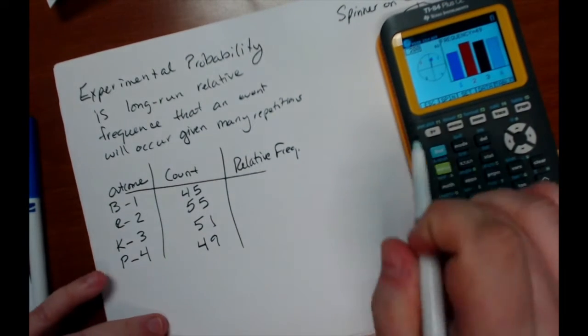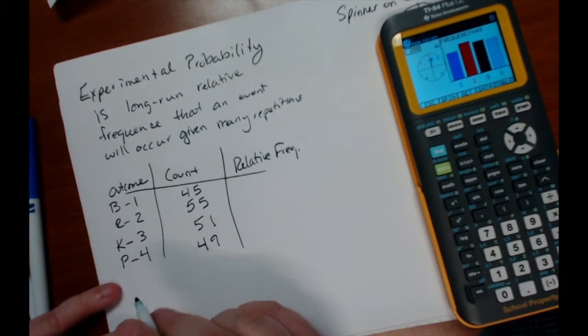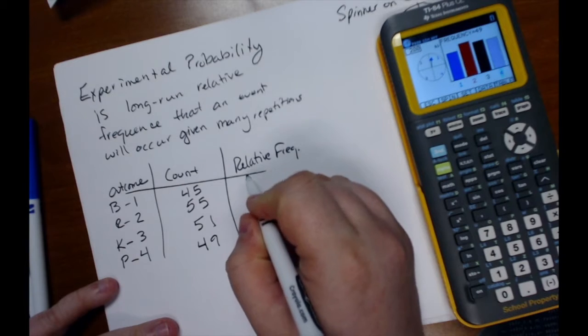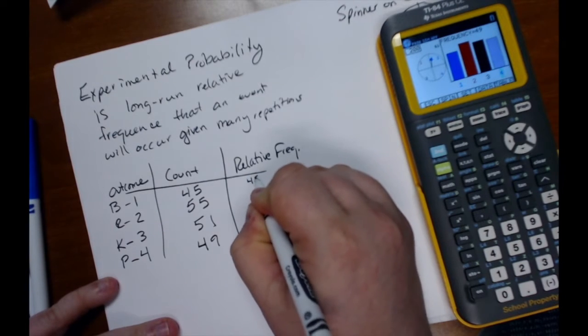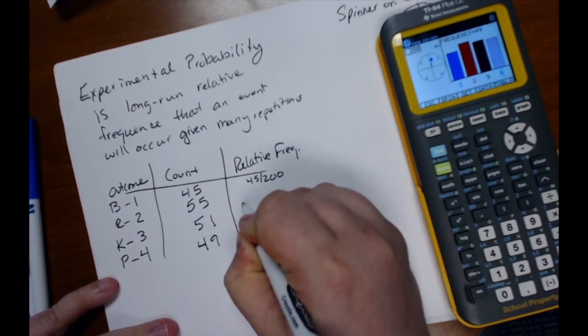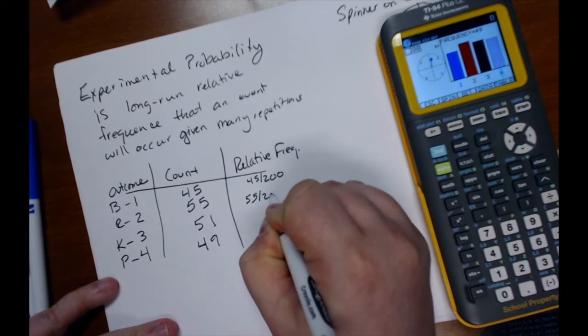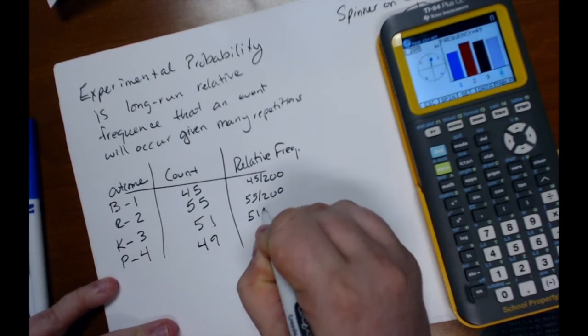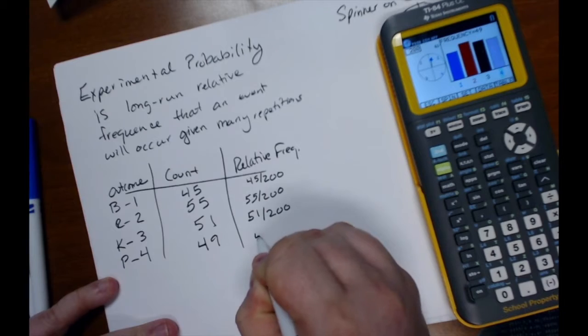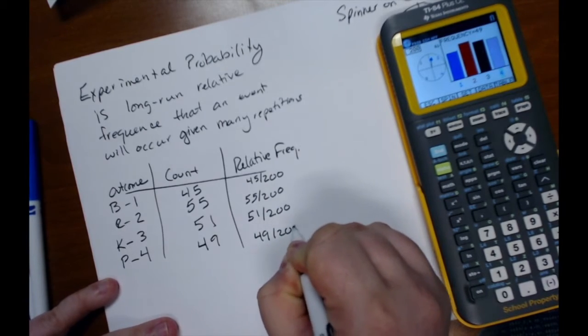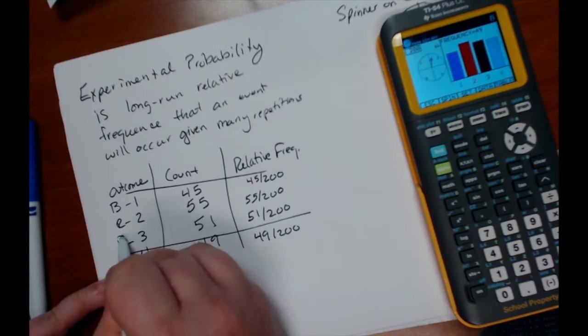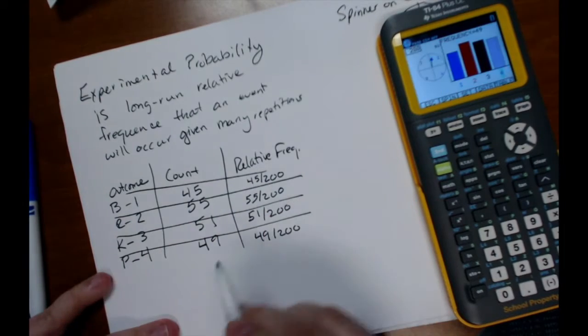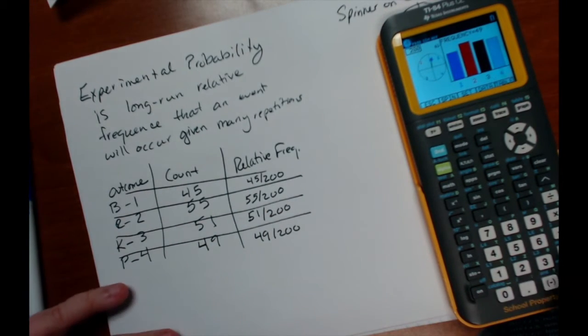And so since we had 200 spins total, that means that our relative frequency is 45 over 200, 55 over 200, 51 over 200, and 49 over 200. And so we'll go ahead and put some lines in to keep those separated. And let's get a decimal value for those.